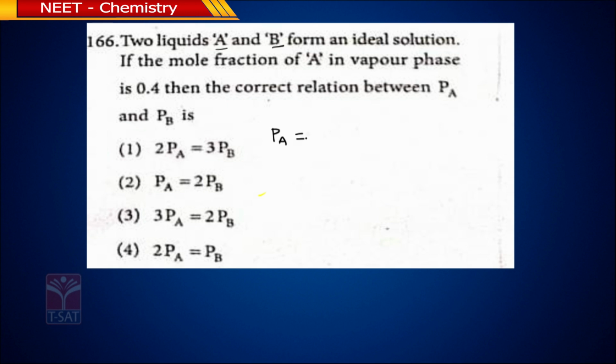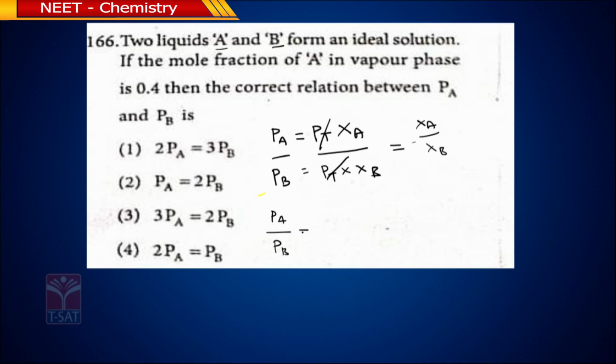Partial pressure of A is equal to total pressure into mole fraction of A. Dividing by partial pressure of B, which is total pressure into mole fraction of B, the total pressure gets cancelled. So PA by PB is equal to XA by XB, where XA is given as 0.4.